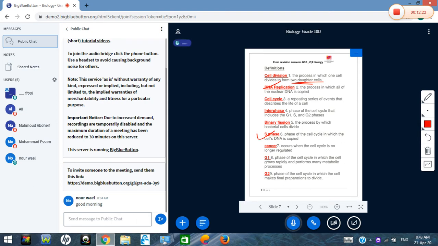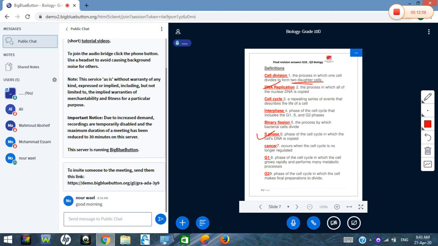We have a sequence: first interphase, second mitosis, third cytokinesis.